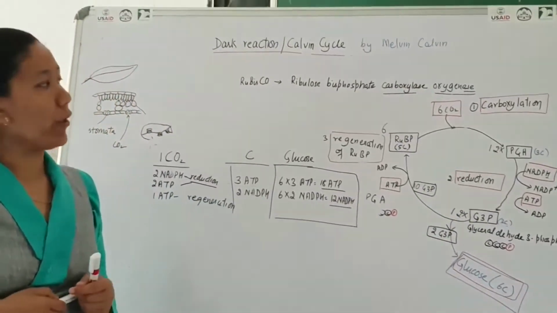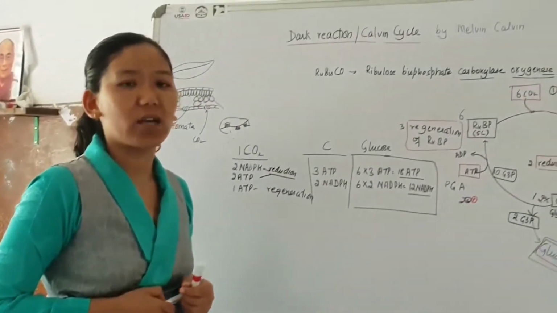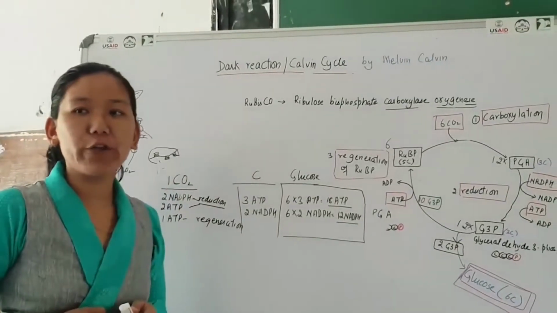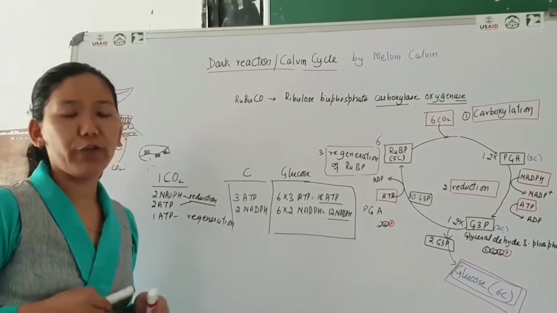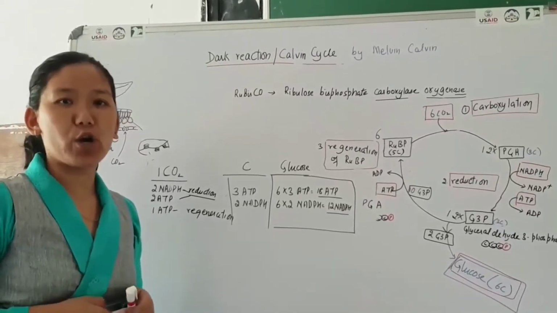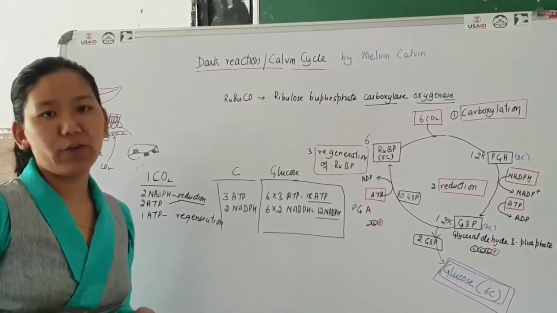Now what will happen if the Rubisco chooses to act as oxygenase? If Rubisco, instead of fixing carbon dioxide, fixes oxygen, then it will lead to another process called photorespiration, which many plants suffer from.